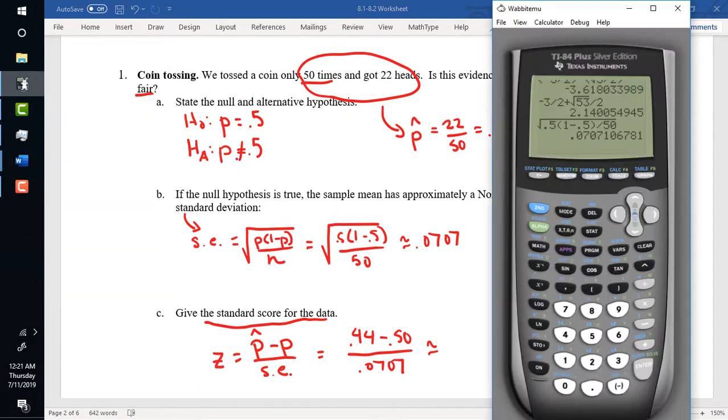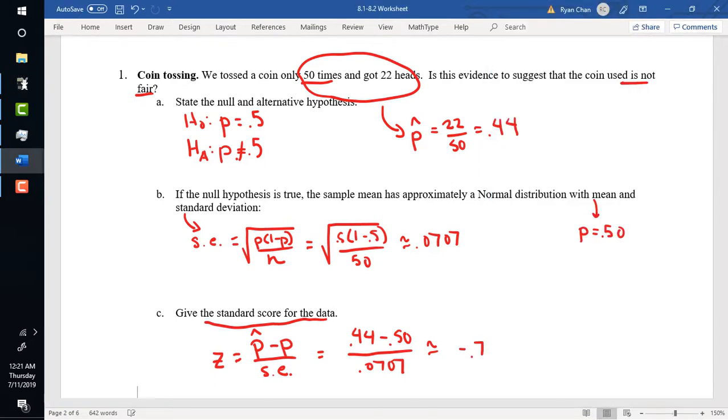I'll combine it first, 0.44 minus 0.5, and divide it by 0.0707. I'm going to round two places over.